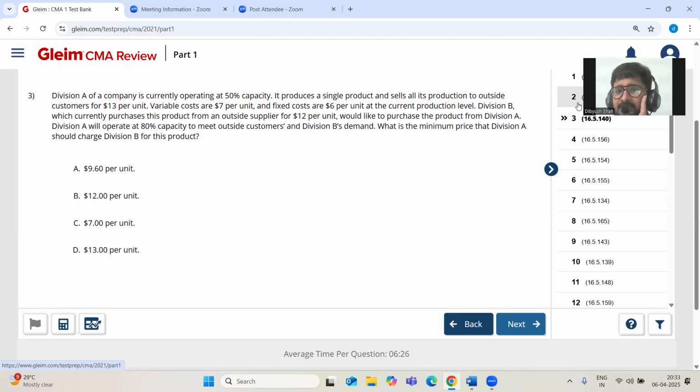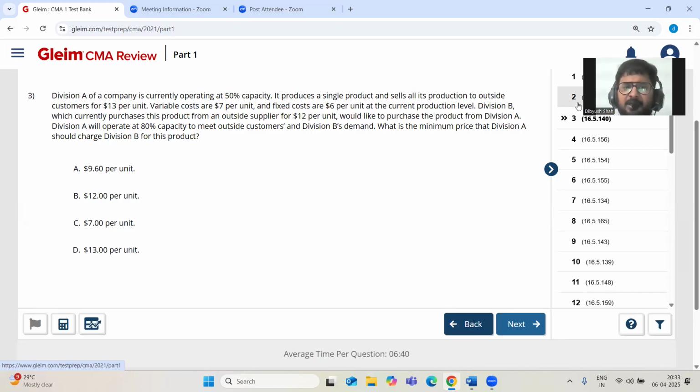Only one product is produced by them. And they sell all their production to outside customers for $13 per unit. Variable cost is 7 and fixed cost is 6 at the current production level. That means they are selling it at full cost only.